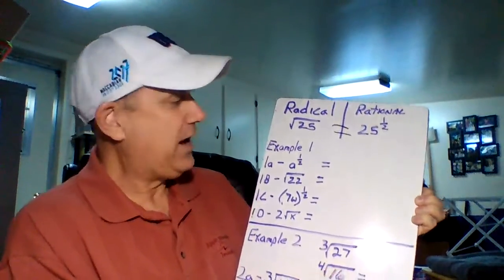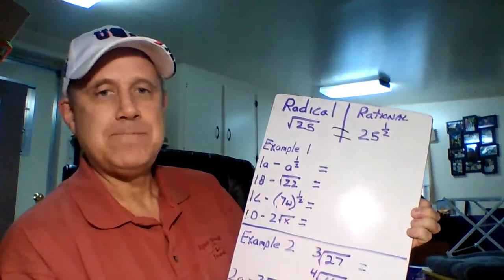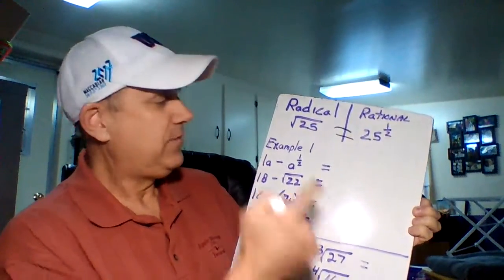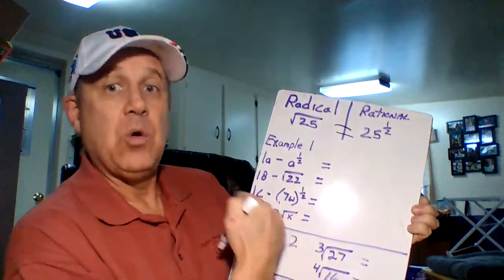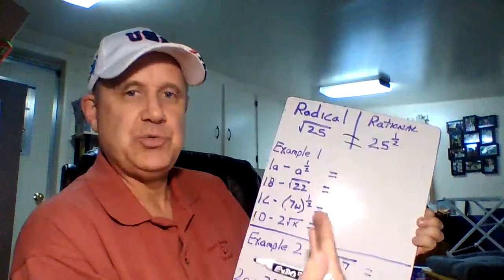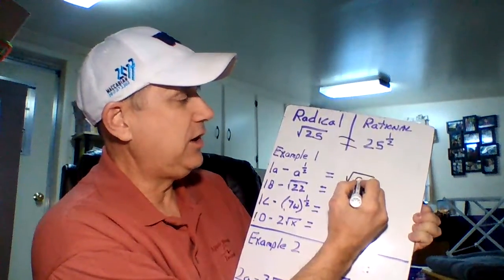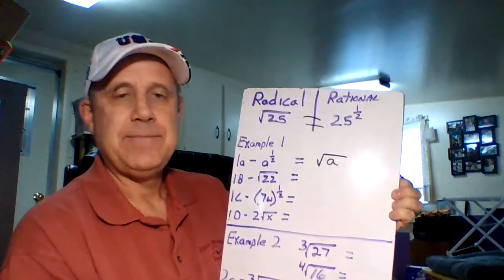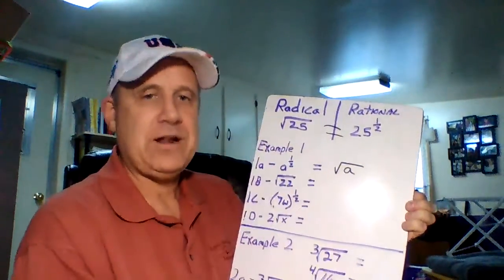Example 1a is a to the half power. This is in rational form. We're going to change it to radical form. So that would just be the square root of a.